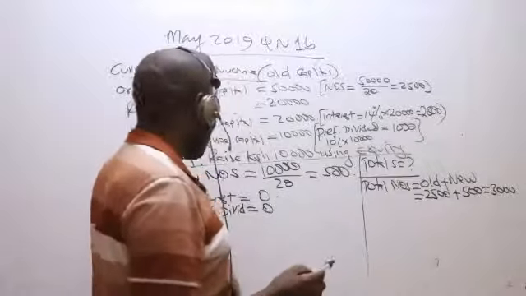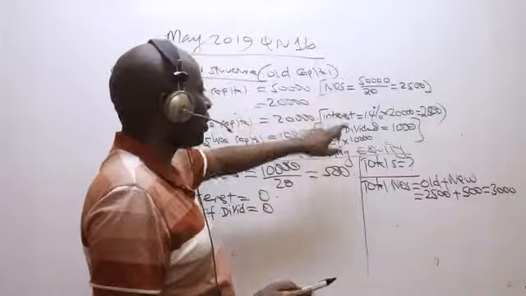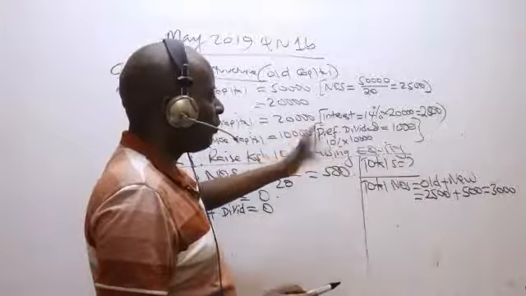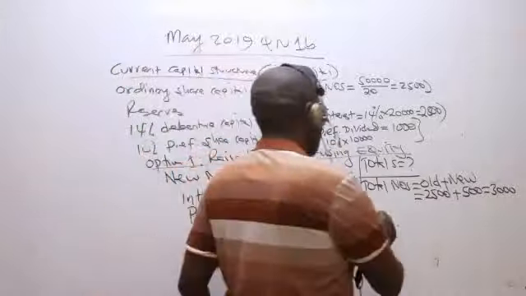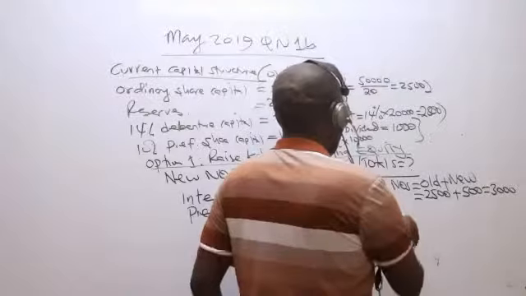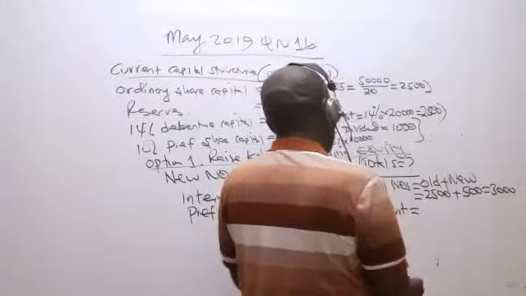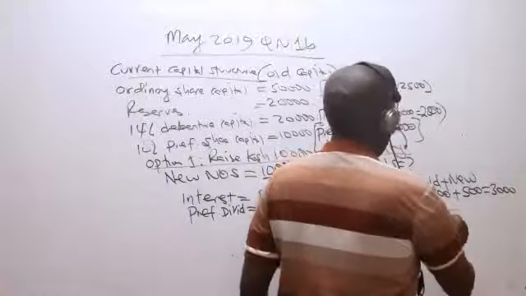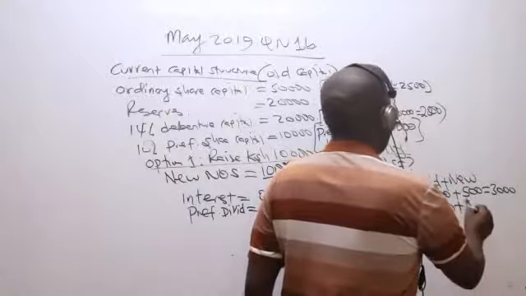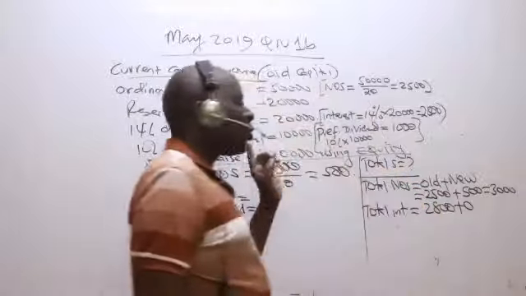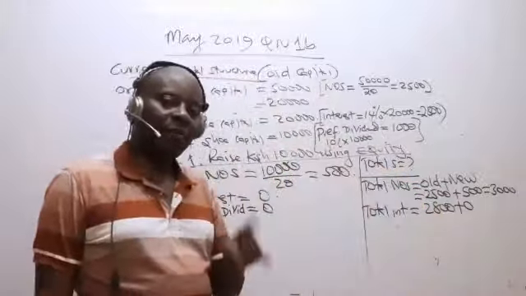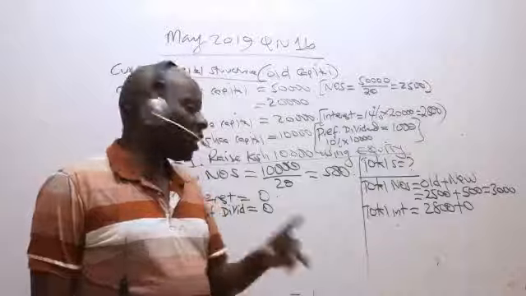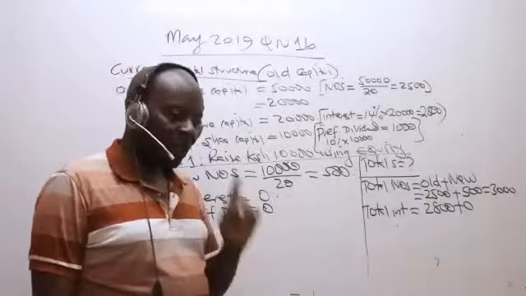At the same time, these three aspects are very important: number of ordinary shares, interest, preference dividends. Come and give me total interest. We are taking the old plus the new. So old interest here was 2,800. The new, if you are going to use option number 1 to raise capital, then interest, as you've seen here, will be 0.